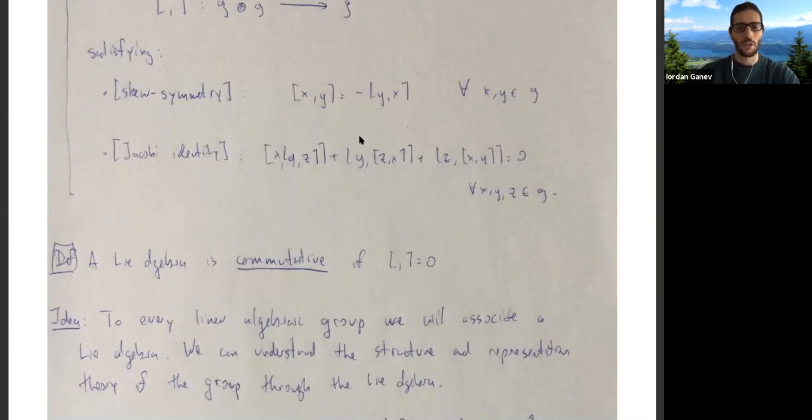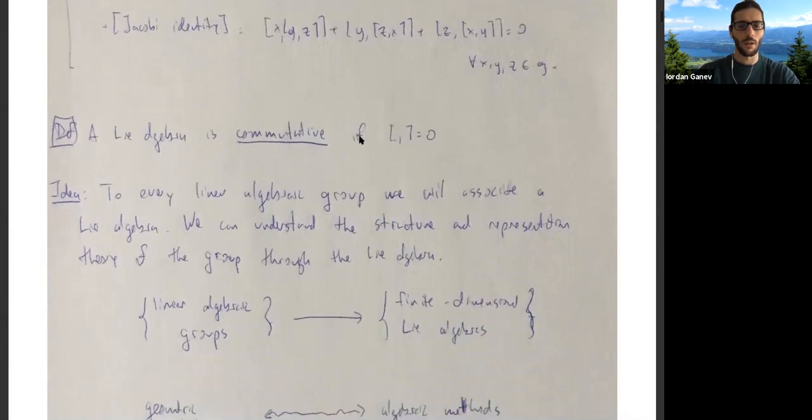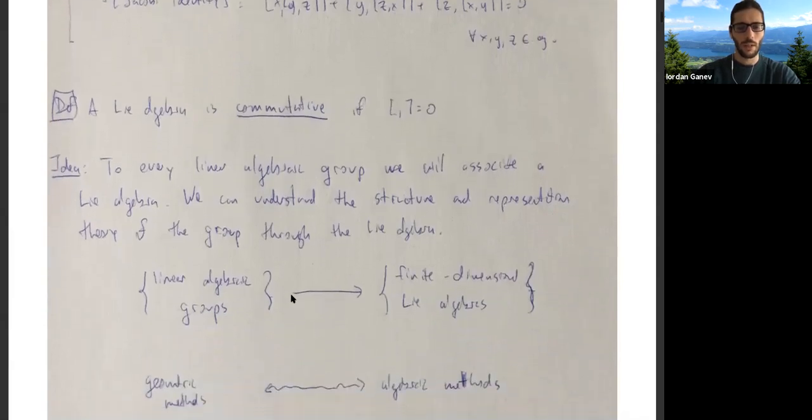A lot of the structure and representation theory of the group will be reflected in the Lie algebra and vice versa. Roughly speaking, we'll have an assignment from linear algebraic groups to finite dimensional Lie algebras, and this assignment will be roughly finite to 1.